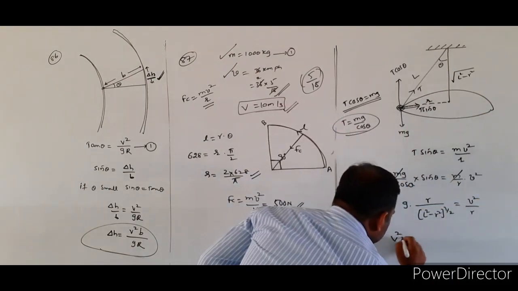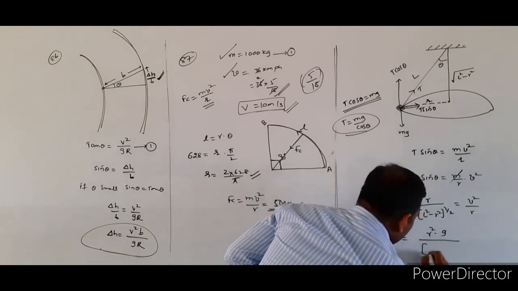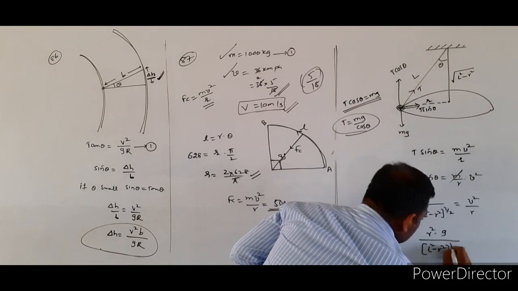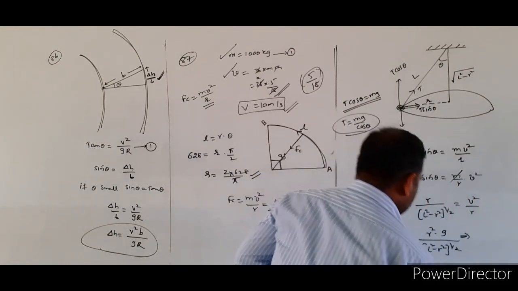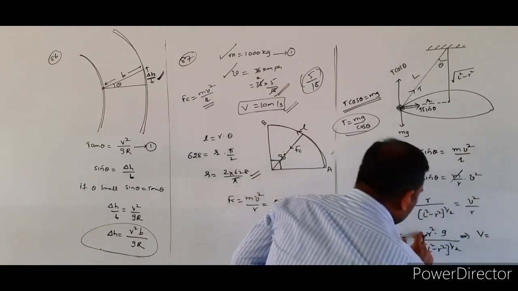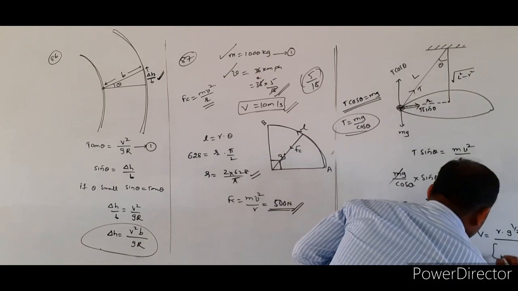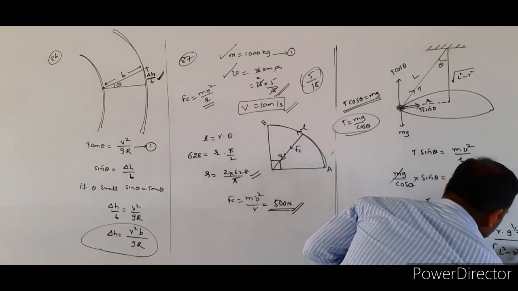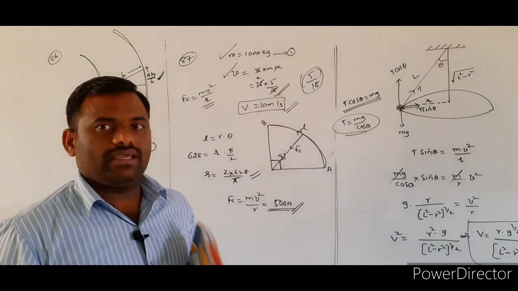From this we get v square is equal to r square into g by (L square minus r square) whole power 1 by 2. If you simplify, v is equal to r square root of r into g power 1 by 2, by (L square minus r square) whole power 1 by 4.